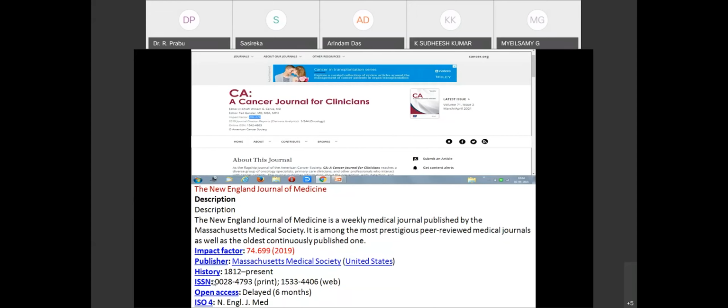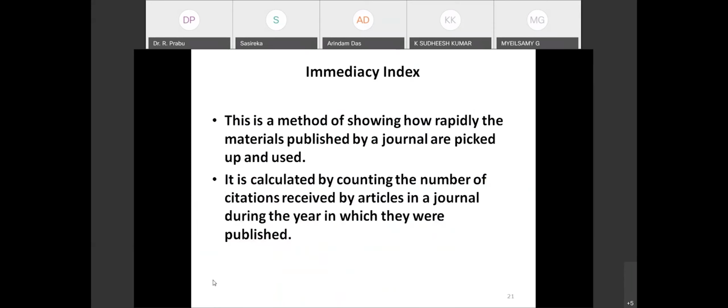Just imagine the quality of this journal; if one person publishes an article in it, definitely he will be a great researcher, very respectable and recognized in the world maybe. Second is the New England Journal of Medicine. The current impact factor is 74.69. So for your understanding, I showed it here.